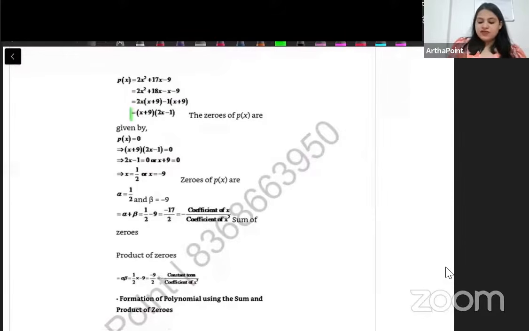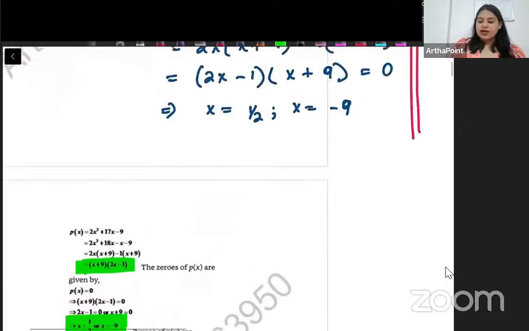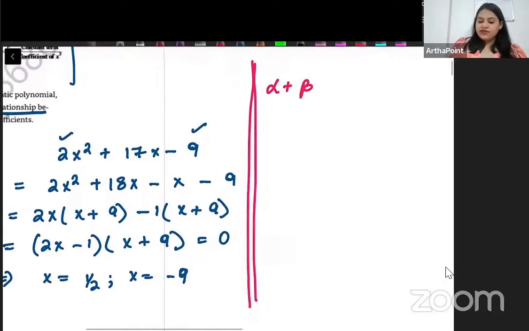Yeah, so the zeros have come out from x plus 9 and 2x minus 1. So you will have x either as half or x as minus 9. Now it tells us that we want the sum of zeros to be minus b by a. So this is what we want to verify.